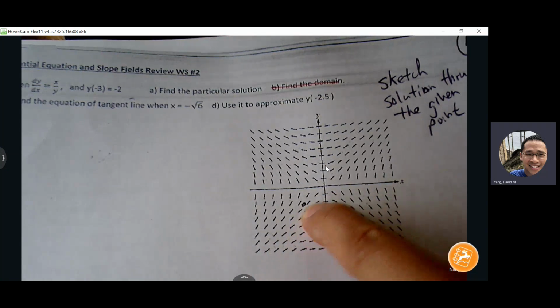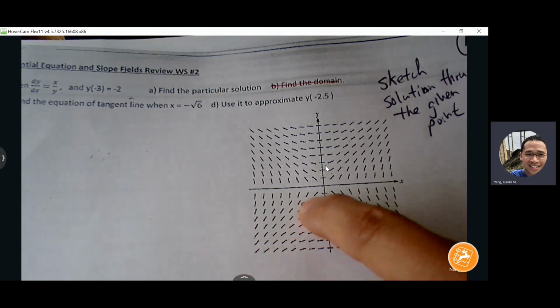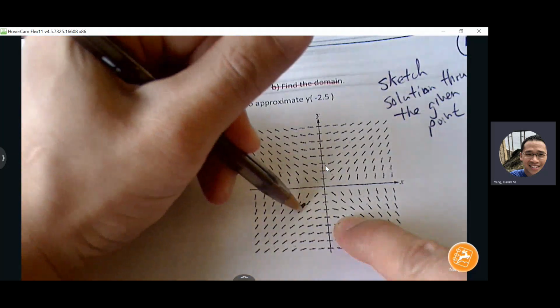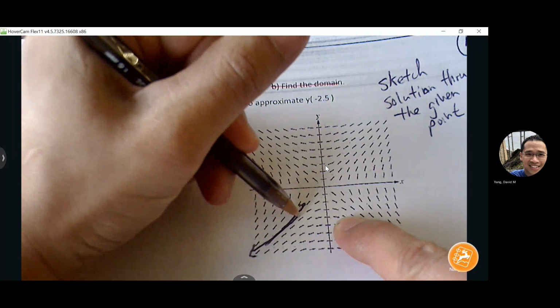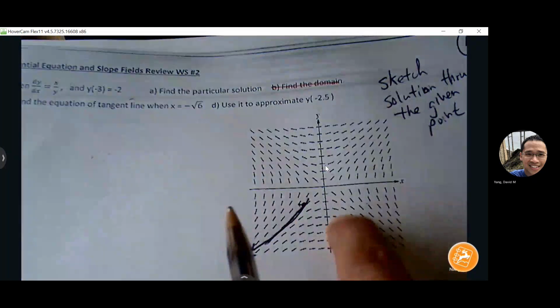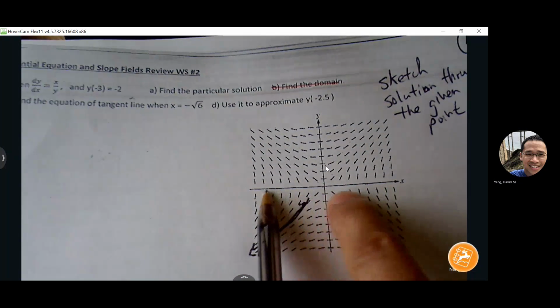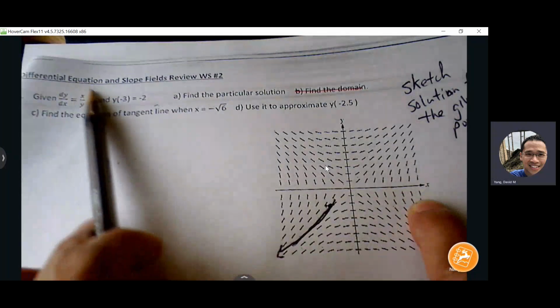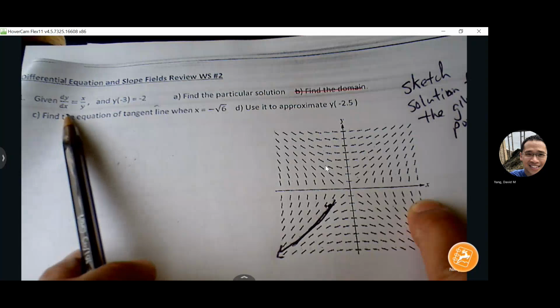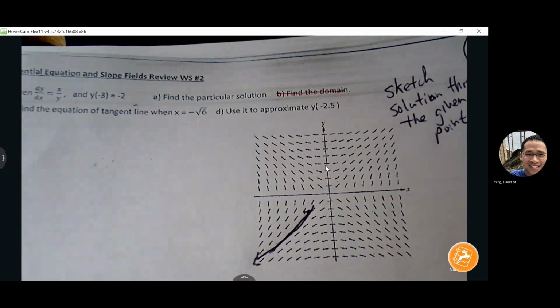But as we go down, we can see that it's kind of leading us off the graph, off the grid. But as we go up, what's happening at y = 0? The differential equation is kind of giving us a hint here. Slope is what? Undefined.